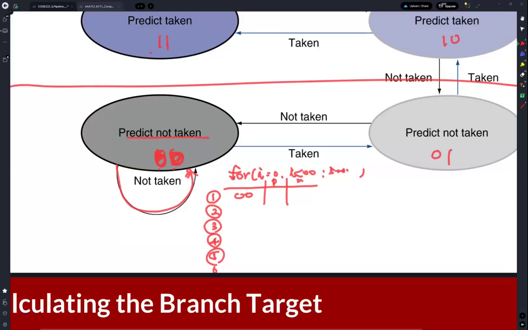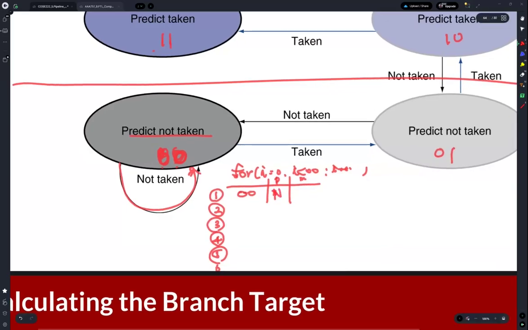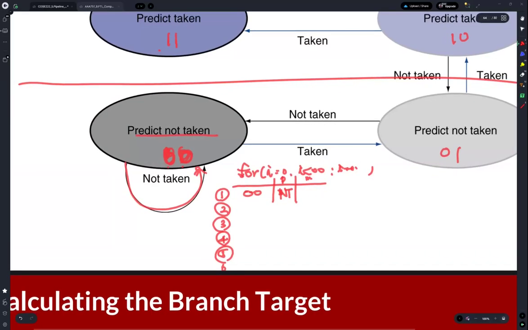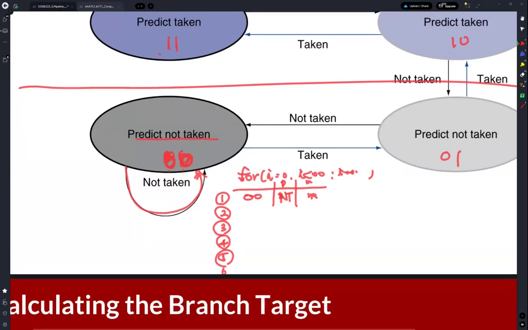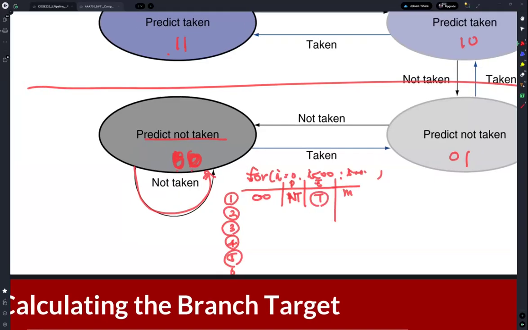First it is 00, the prediction is not taken, and the real event is taken, so it's a miss, an incorrect prediction. Then because it's taken, it becomes 01.